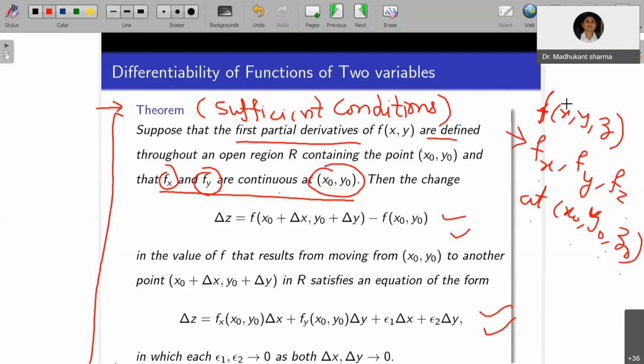And if you want to say the function is differentiable throughout the domain, you need to verify that the first order partial derivatives are continuous over the entire region. Then you will say the original function f is differentiable. So this clarifies your doubt. Let's move further.